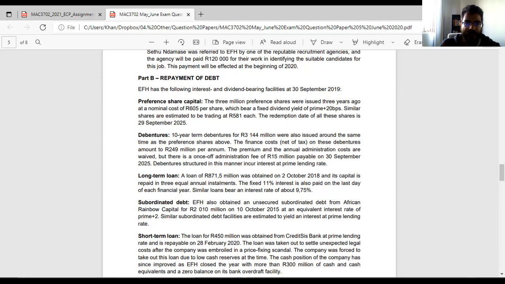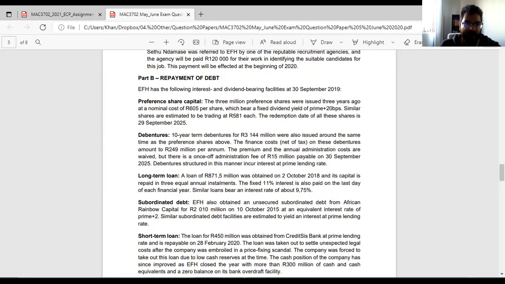So preference share capital, the 3 million preference shares were issued 3 years ago at a nominal cost of 605 per share, which bear a fixed dividend yield of prime plus 20%. Similar shares are estimated to be trading at 581. The redemption date of all these shares is 29 February 2025. Okay, so it's a redeemable preference share.